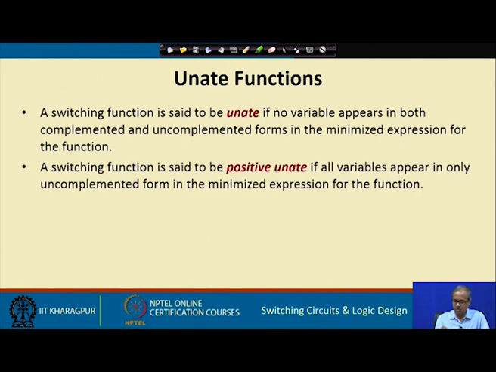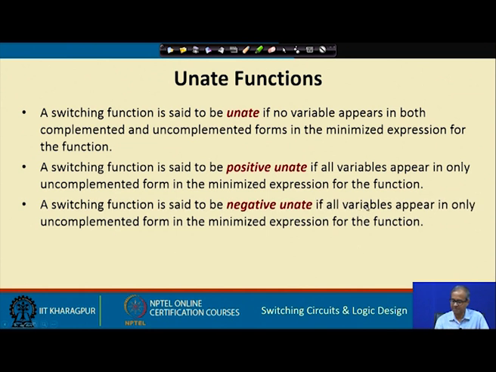There are two special categories of unate function. I say a function is called positive unate if all variables appear in only uncomplemented form, there are no complemented literals. Similarly, I can define negative unate if all variables appear in only complemented form, sorry, there is a typo, this should be complemented.